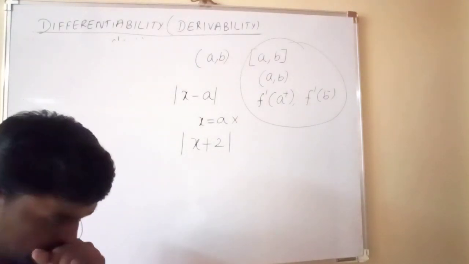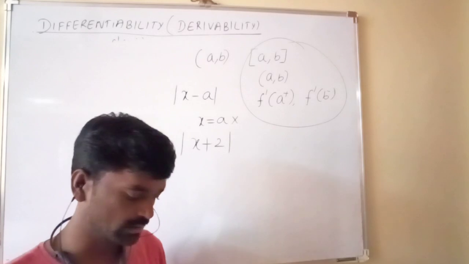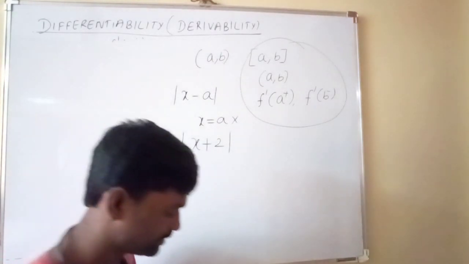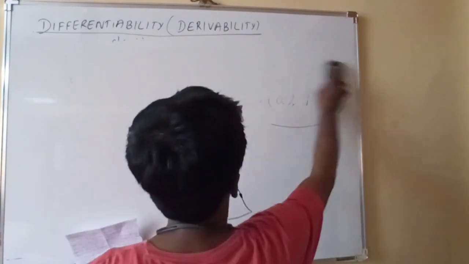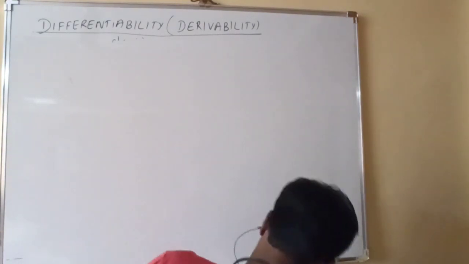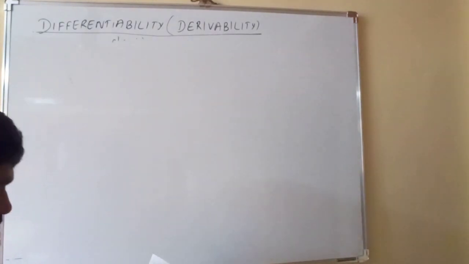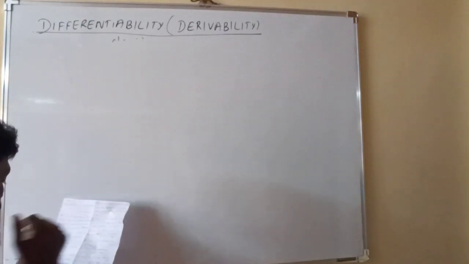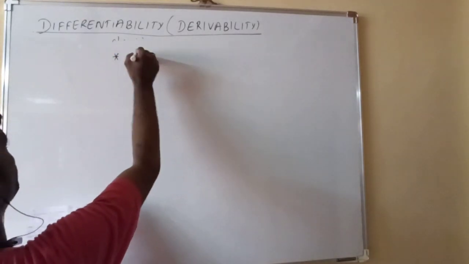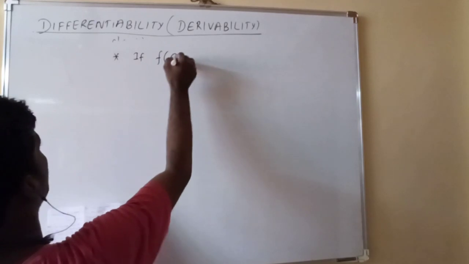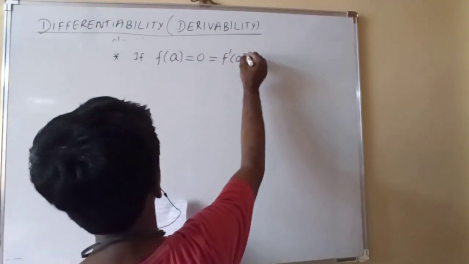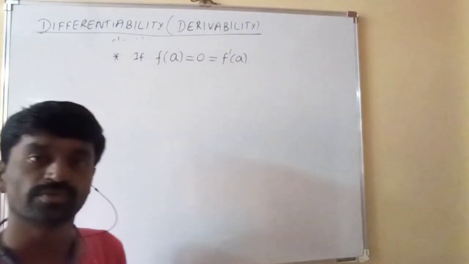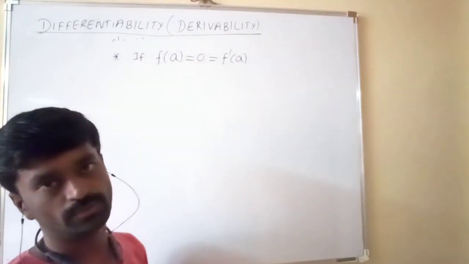Okay, next, this is also one important point. If f(a) is equal to 0 and f'(a) is equal to 0, that means f is differentiable at x equal to a.